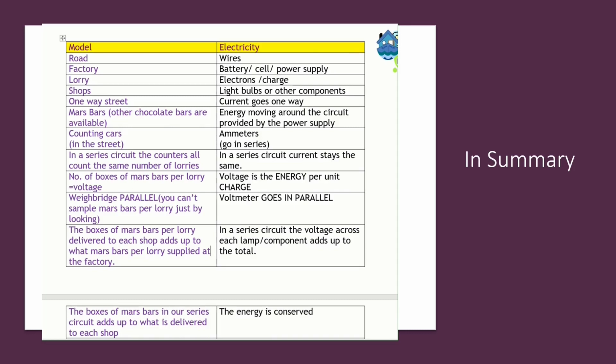They had to go in parallel, and we found out that the number of boxes of Mars bars per lorry delivered to each shop adds up to the number of Mars bars provided by the factory, which said that in a series circuit, the voltage across each lamp adds up to the total. And we know that we had the same number of Mars bars at the beginning as we did at the end, so the energy in the circuit is conserved. In our next episode, we're going to look at an improved circuit.